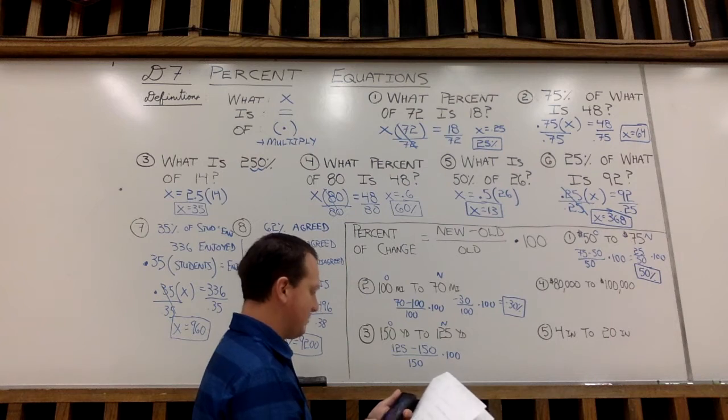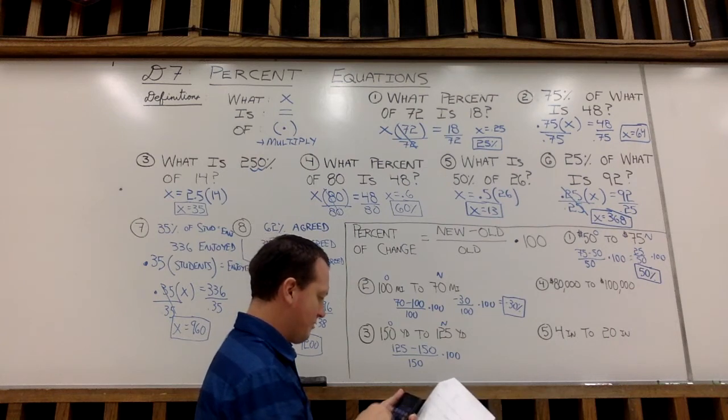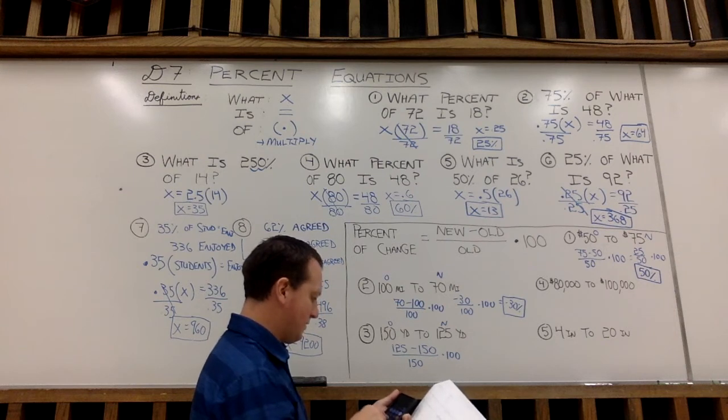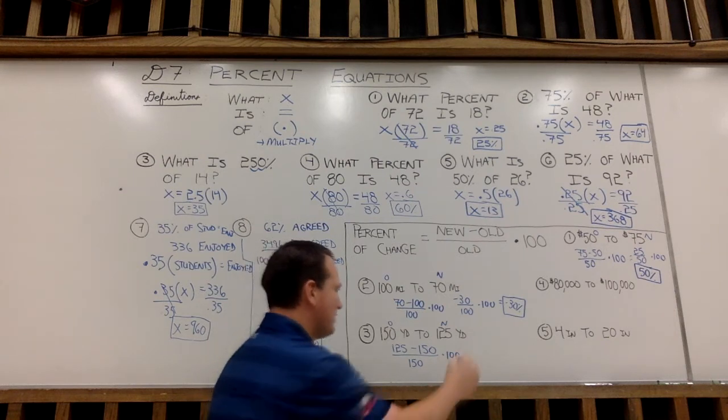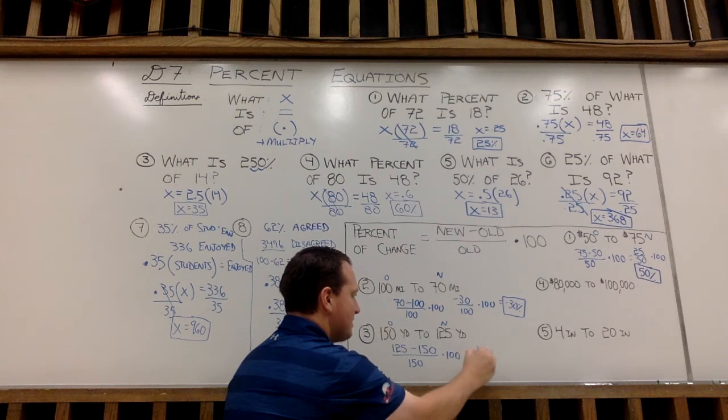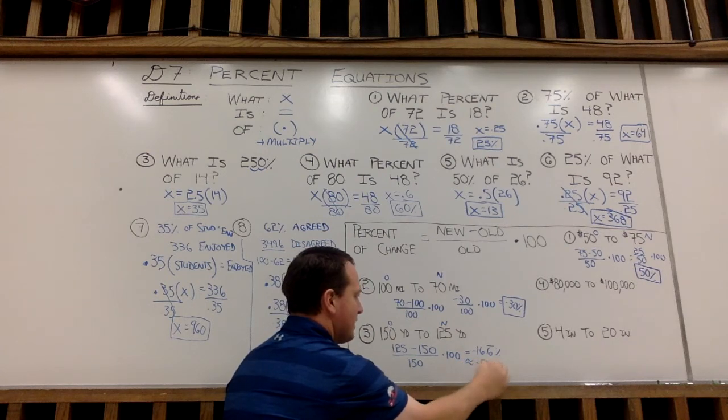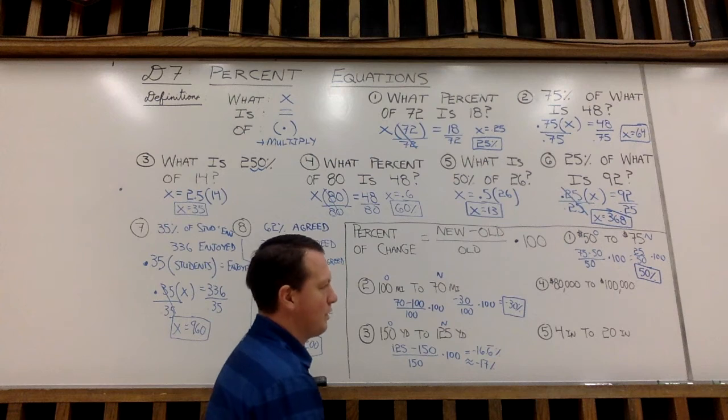Boom goes the dynamite. So we got 125 minus 150 divided by 150 and then times 100. This one, negative 16.6 repeating percent. You can round that to negative 17 if you'd like. Either way, I am groovy with.